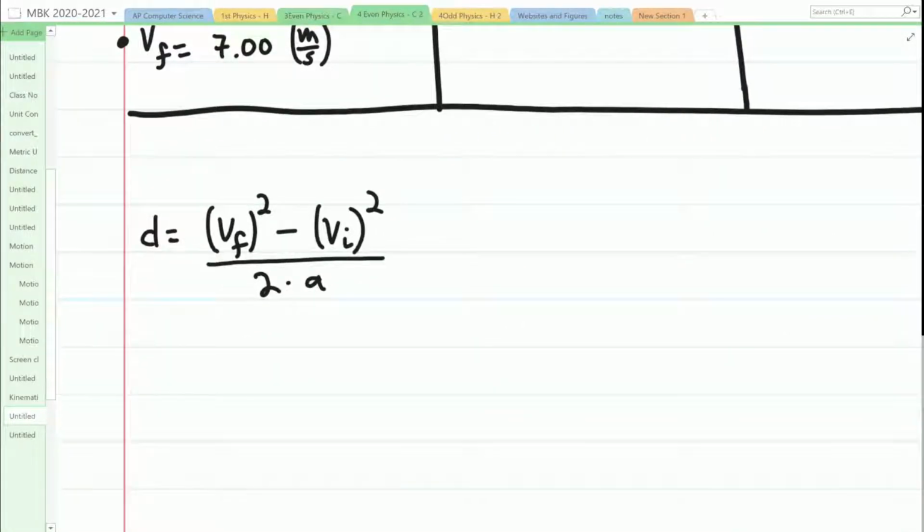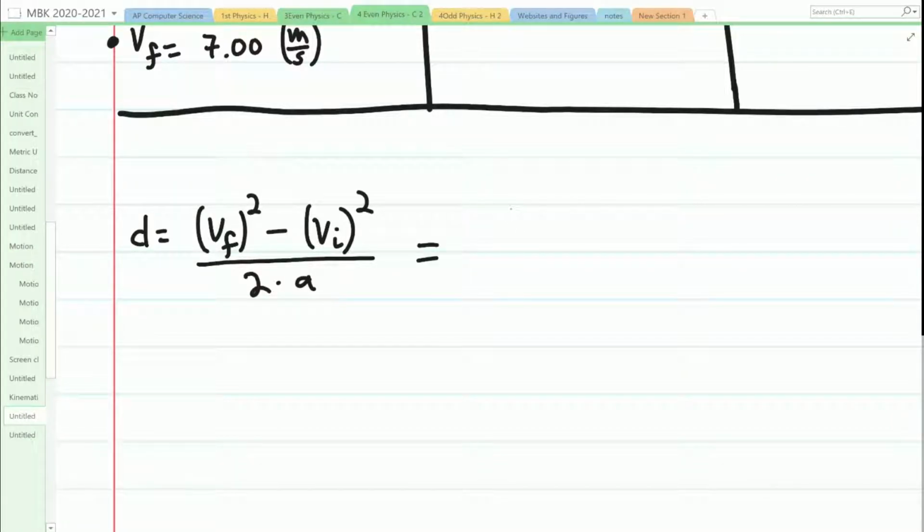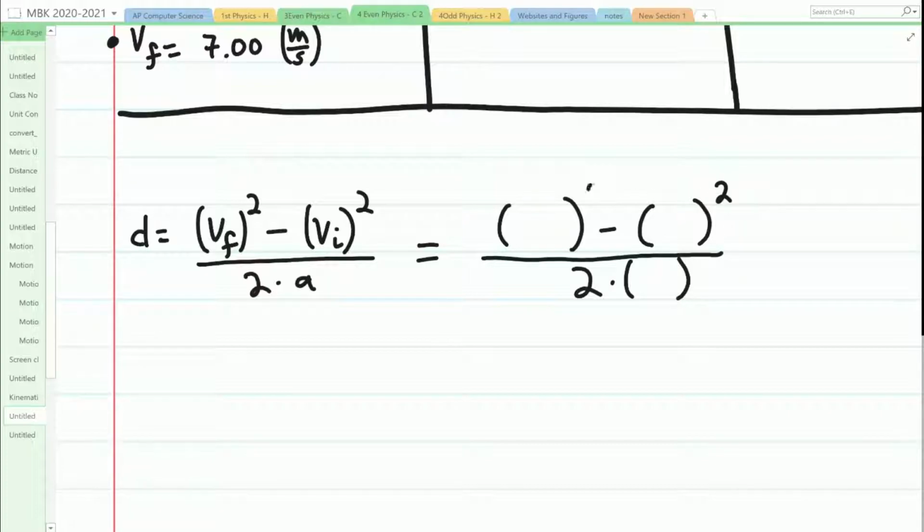So, from this point on, it's quite literally as simple as plugging and chugging. So this is where I make sure that I don't leave any minus signs out of the problem, or any squares.